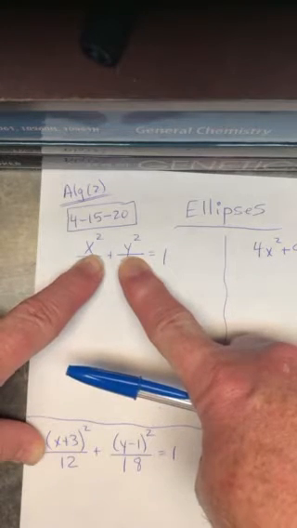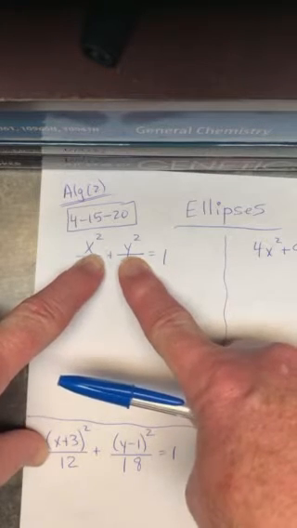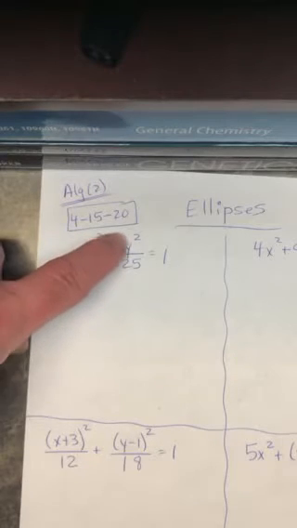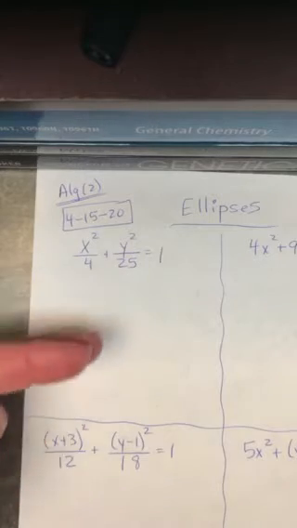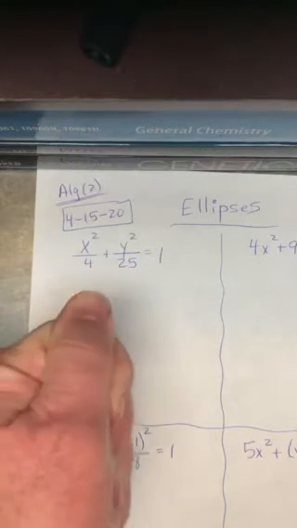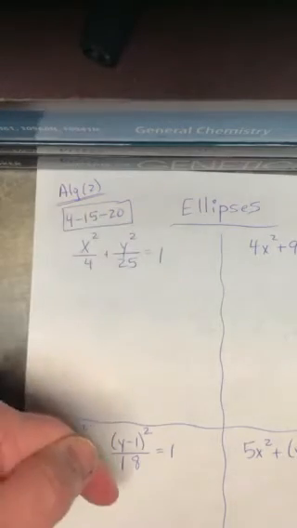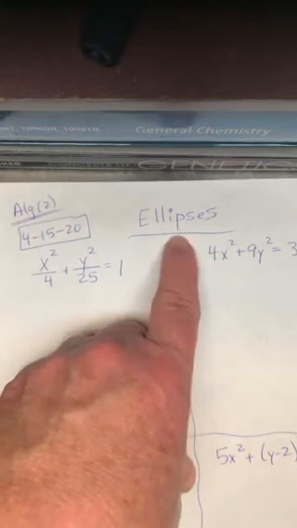Obviously, we've still got x squared plus y squared, just like yesterday on the circles, but the x squared has a number under it, and the y squared has a number under it. So as soon as you see the x squared plus the y squared scenario and see numbers underneath, that's telling you that this is an ellipse and not a circle.